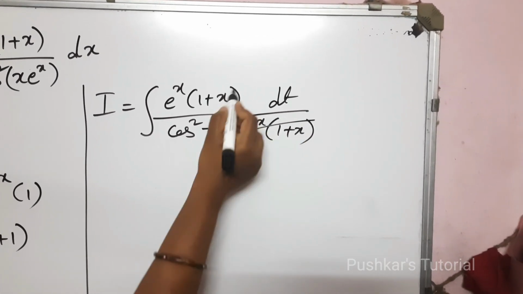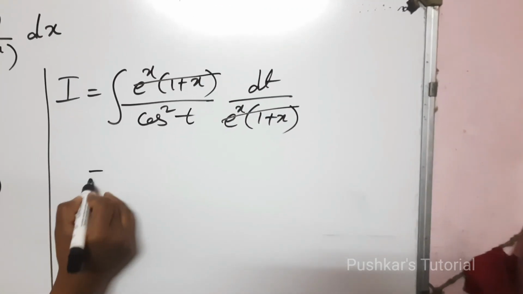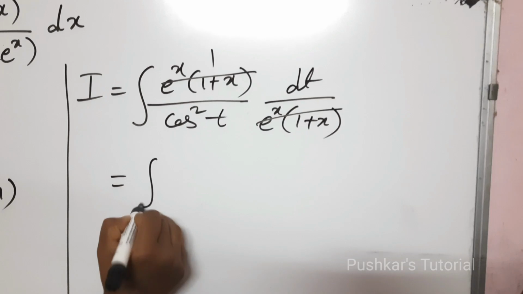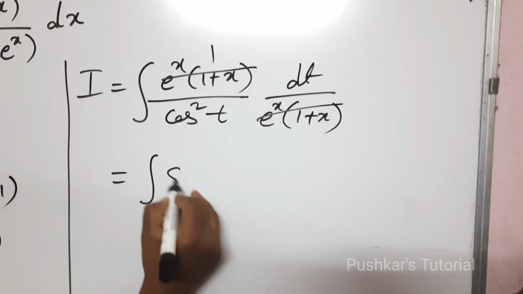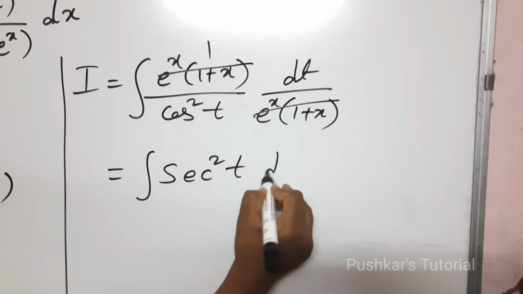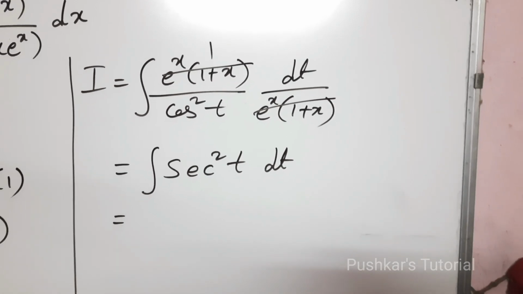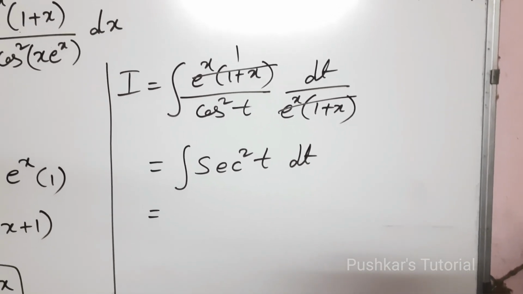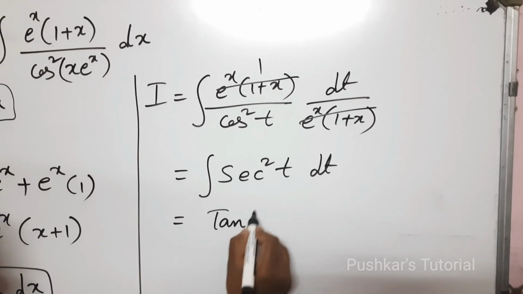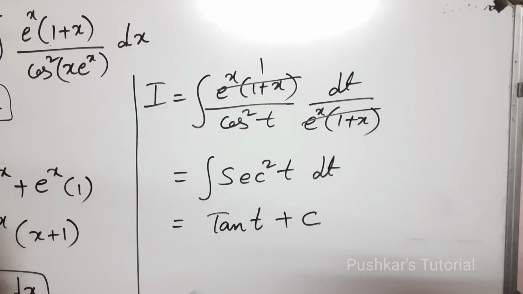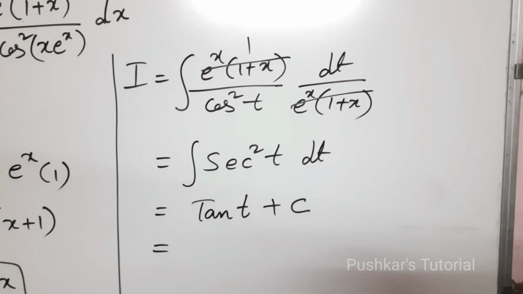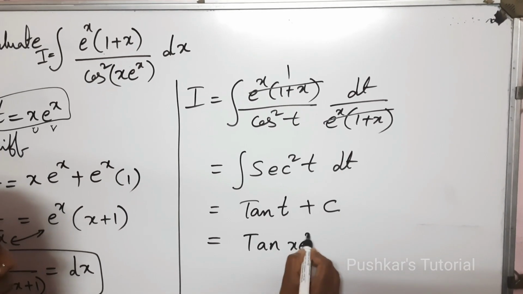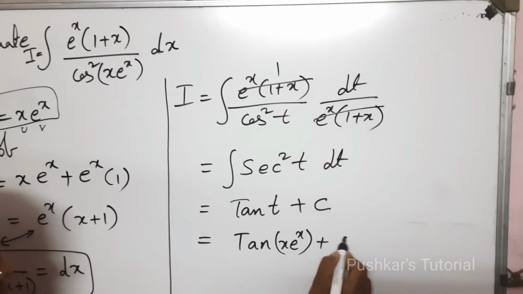So here 1 + x and e^x cancel. What is left is 1 by cos² t. So the integral of 1 by cos² is sec² t dt. The formula for the integral of sec² x is tan x. So here it will be tan t + c. In the question we have taken t in place of x e^x. Therefore the answer is tan(x e^x) + c.